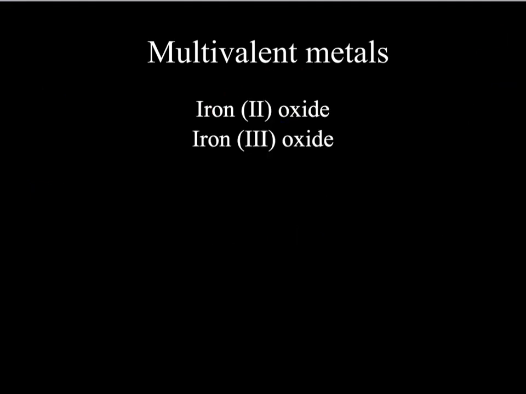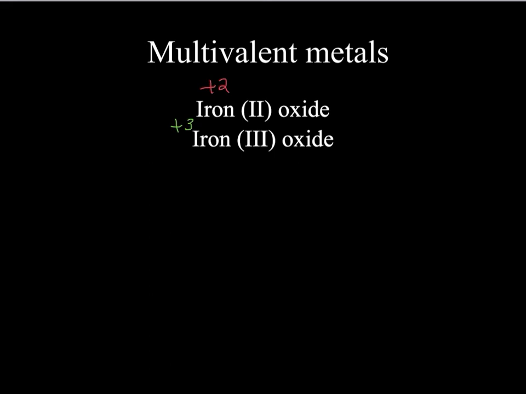So here I'm given two examples, iron 2 oxide and iron 3 oxide. So what you have to know about multivalent metals in the names is that the Roman numerals give you the oxidation state of your metal. So in this case, I have a +2 oxidation state for my first iron, and I have a +3 oxidation state for my second iron.